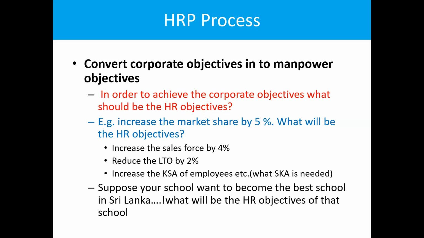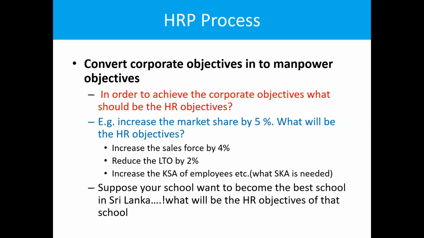So if we are targeting to increase market share by 5%, then that must be converted into manpower objectives. Simply, the HR department can be given a target to increase the overall performance of the organization by 5%. Each and every individual can be given a KPI which is somewhat higher than the current one.